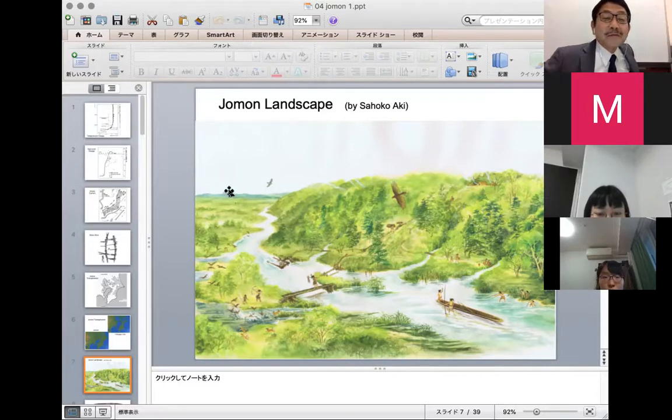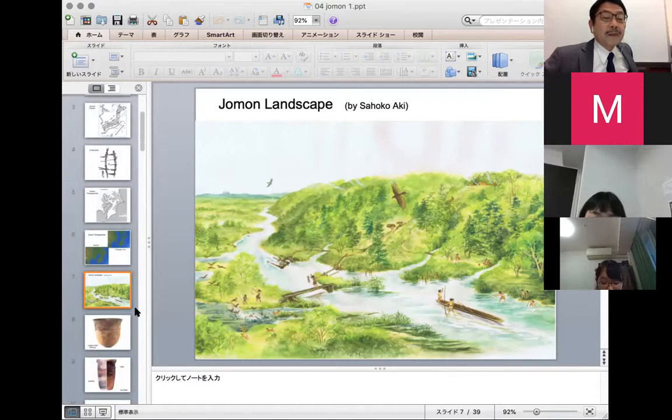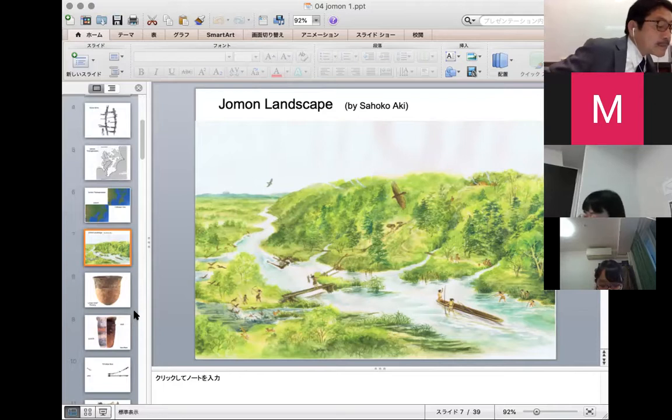Mount Fuji used to be a different shape in the Jomon period. It was not like what we see today. And an eagle flying. So anyway, it's rich in natural resources. The environmental change was so big compared to the prior period.